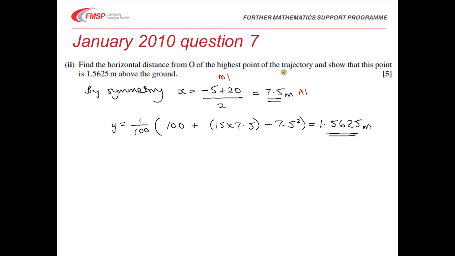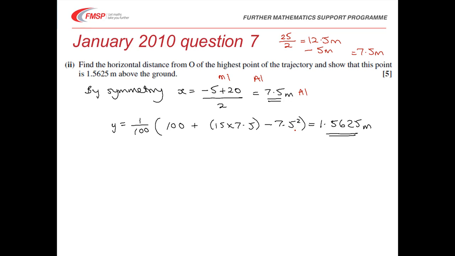Now in the mark scheme, what they've actually done is they've said that the whole of the horizontal distance is 25. They've halved it to get 12.5, but then taken account of the fact that the graph starts 5 meters to the left of the origin to get 7.5. We included that within our working out here by doing -5 plus 20. So we've skipped that accuracy mark, but we'd still be awarded it because we've done obviously a correct method there.